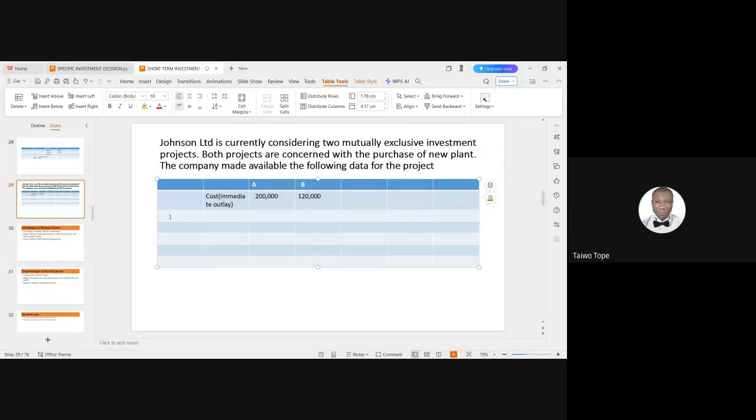Please, can you share your screen? I can't see it anymore. Okay, it's clear now. Seeing it.